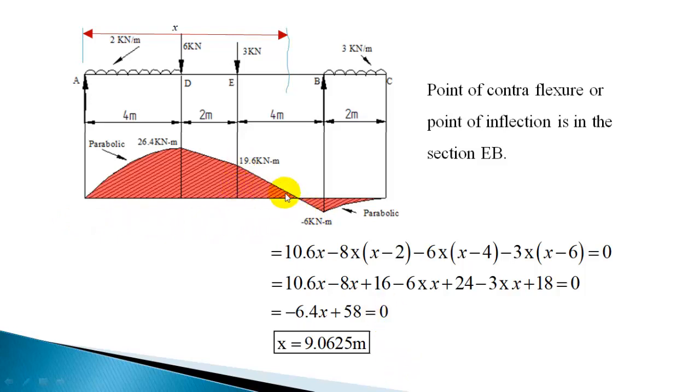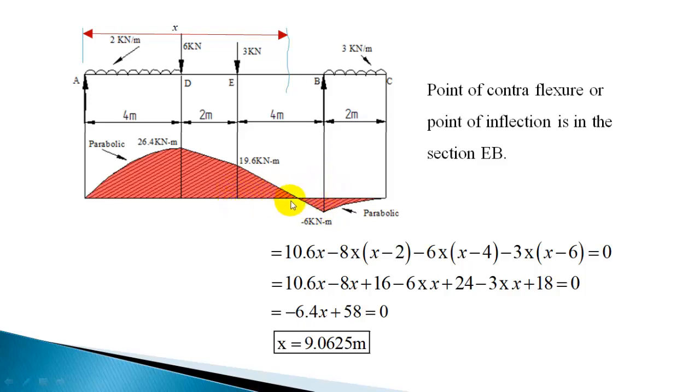You may even use the similar triangle method to locate this point. These two triangles are similar. If you take this as d, 19.6 divided by d is equal to 6 divided by this distance, which is 4 minus d, as the total is 4.